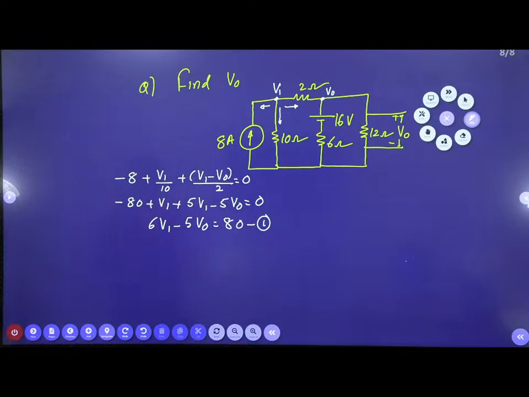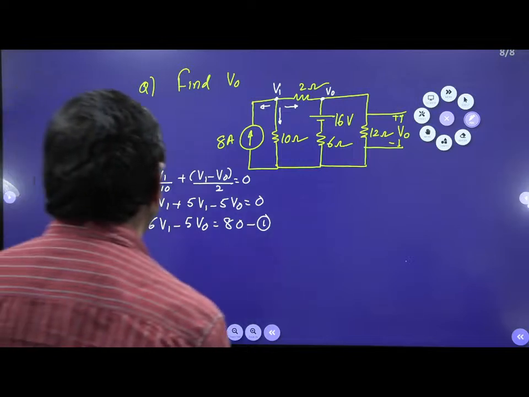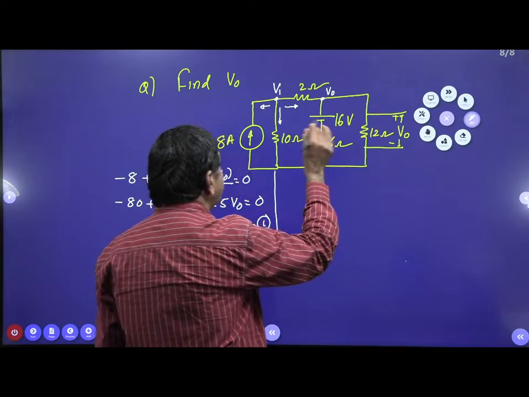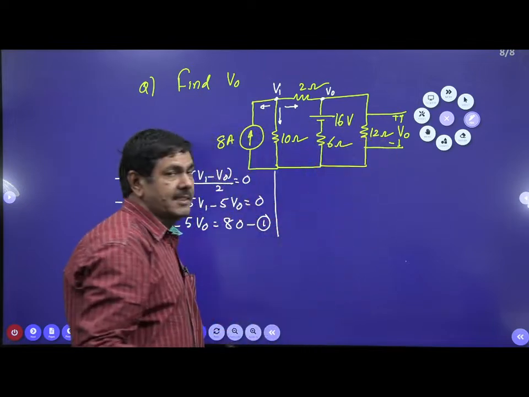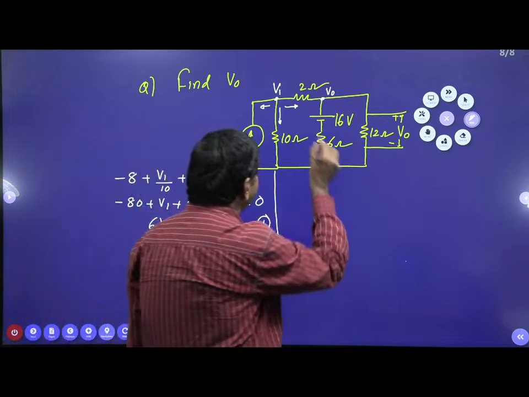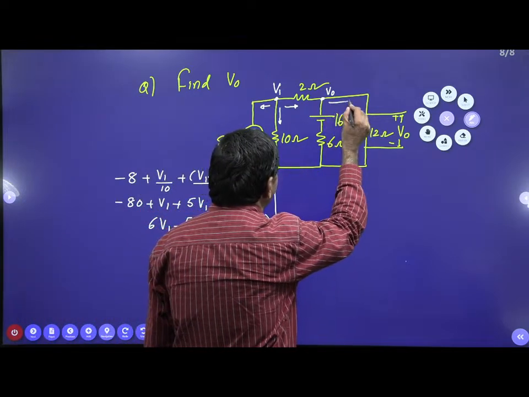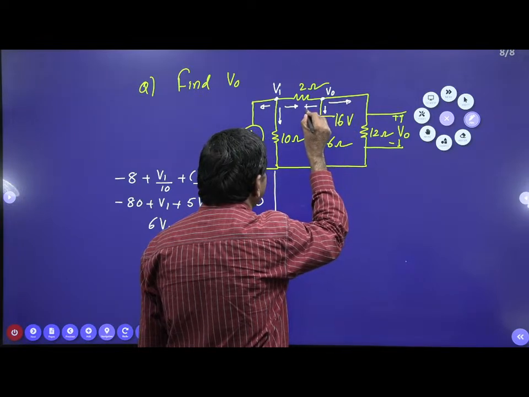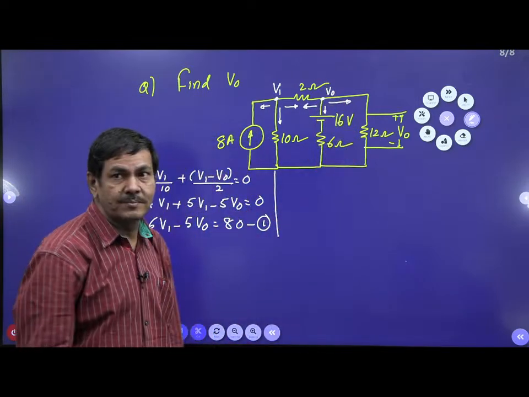Now you form the second equation. You please form one more equation. How can we form the second equation here? By selecting this node. There, initially I can put the current directions. KCL I want to apply. Current direction away from the node, no problem. This current plus this current plus this current equal to 0.